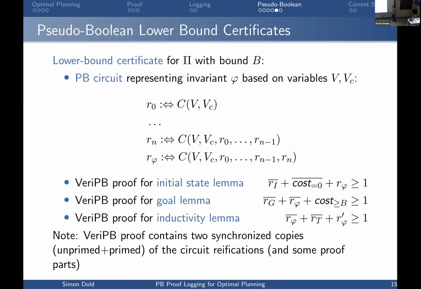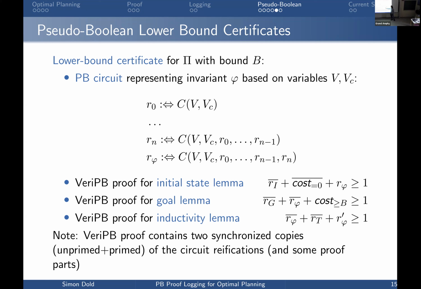And once we have that, we can ask VeriPB to confirm that we have a proof for the three constraints that represent the three properties the invariant should have. That was that the initial state with a cost of 0 is part of the invariant.